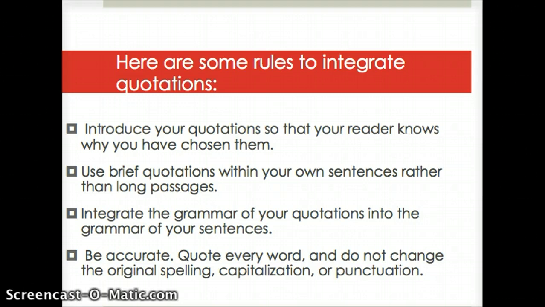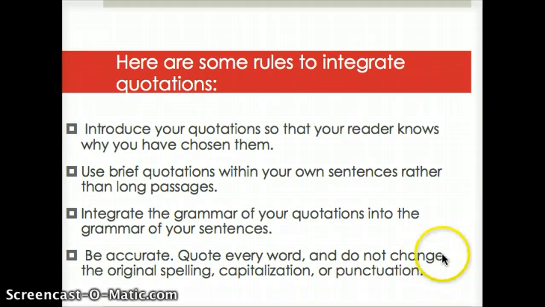Sometimes it's beneficial to use shorter quotations and integrate them right into your sentence structure, so there's flow between what you say and how you're introducing the quote. This idea of integrating your quotations within the grammar of your sentence is very important, and we'll talk about strategies that you can use to integrate your quotations.